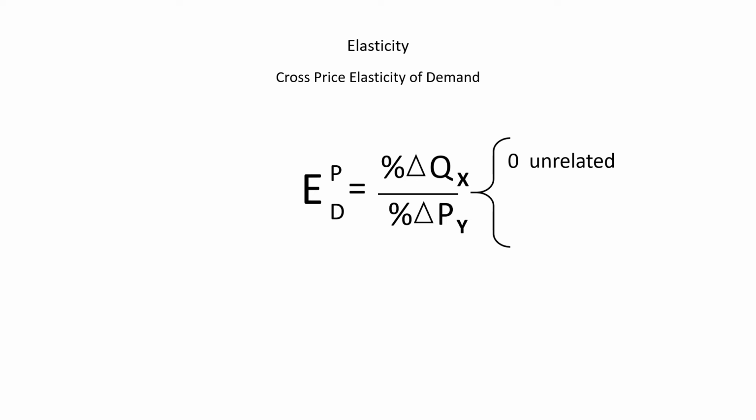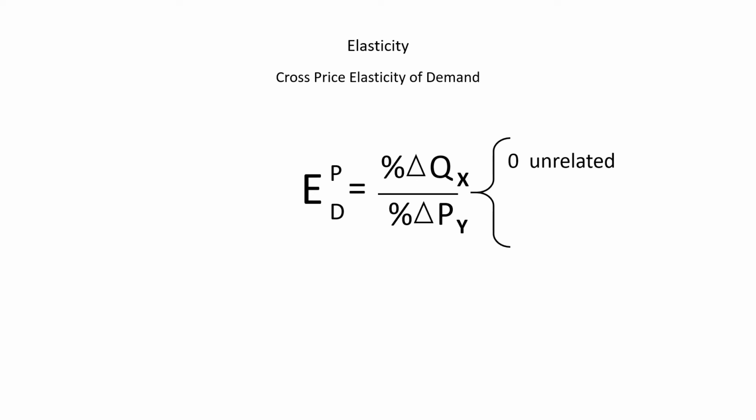If these two goods are unrelated, then a change in the price of Y is going to have no impact whatsoever on the quantity of X demanded, and therefore the coefficient of cross-price elasticity of demand would be zero. What do you suppose would be the coefficient of cross-price elasticity of demand, expressing the sensitivity of the relationship between the price of coffee and the quantity of shoes demanded?